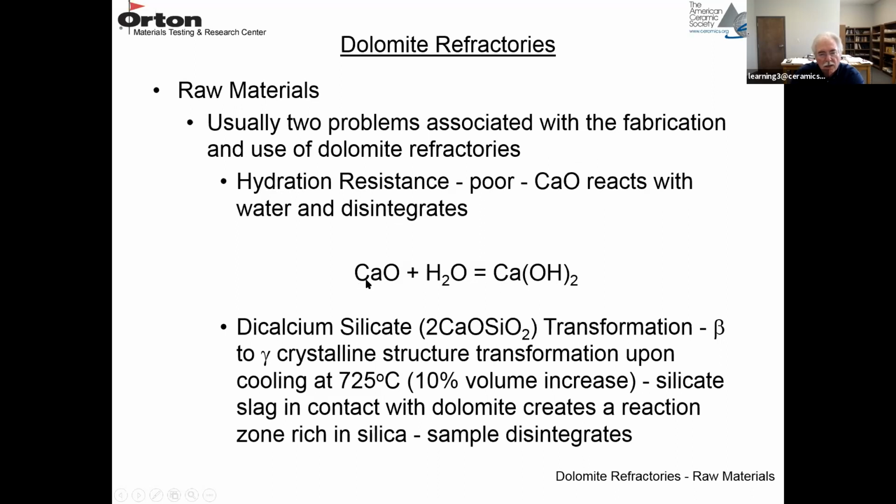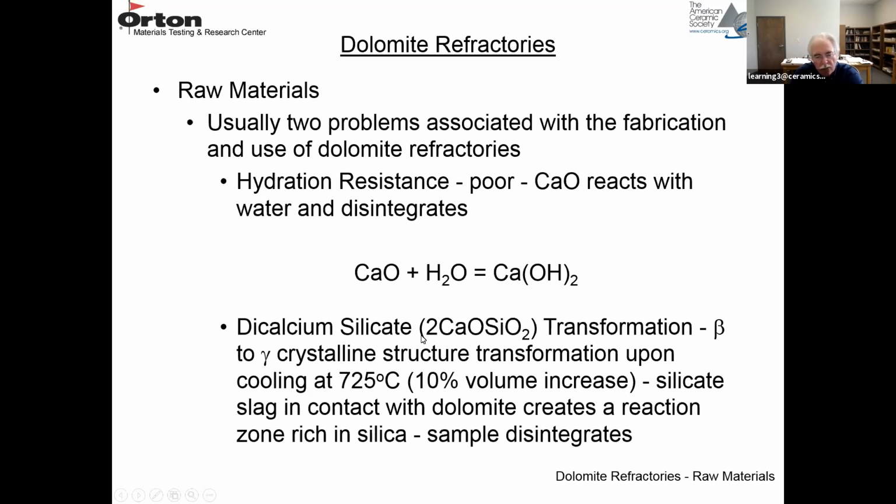So if you made, let's say, a refractory out of dolomite, and in the summertime, especially in Ohio where it's humid, if you let that brick sit out, 2 weeks later you come back and look at it, it's going to be completely hydrated and disintegrated into a pile of powder. So it has very poor hydration resistance.